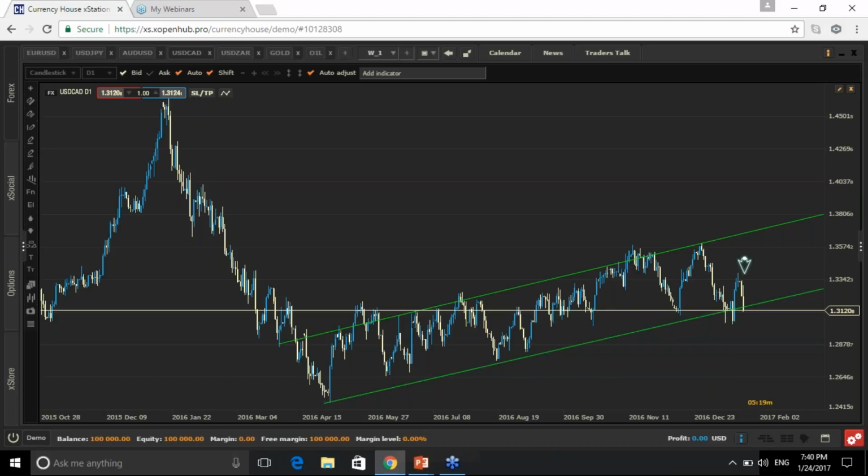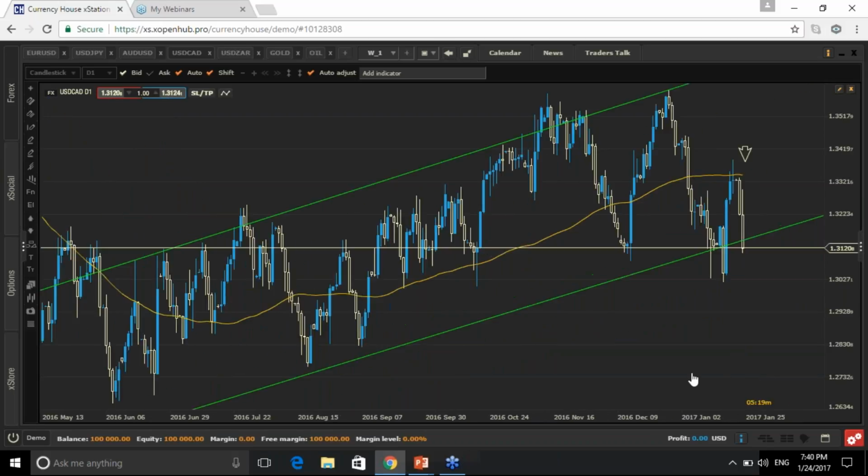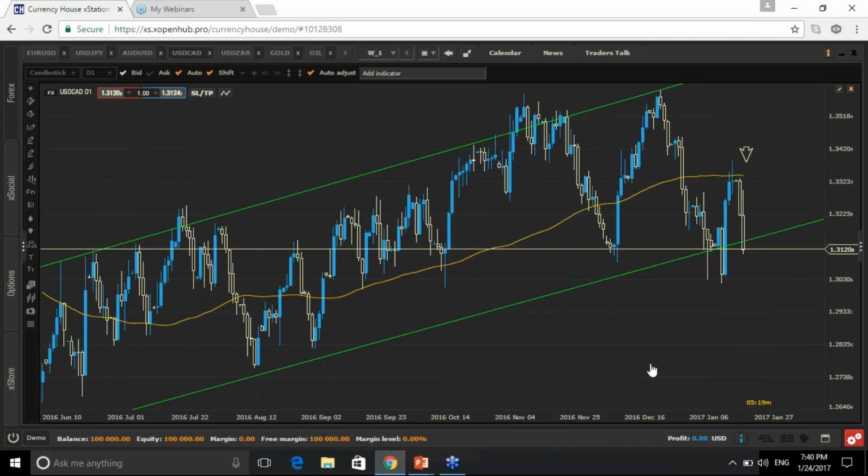Okay, what else? Simple moving average for this pair, 89. Downtrend. Definitely we see that the price is in the lower range, is going down. Okay, one more thing which is also very important, horizontal lines, remember?